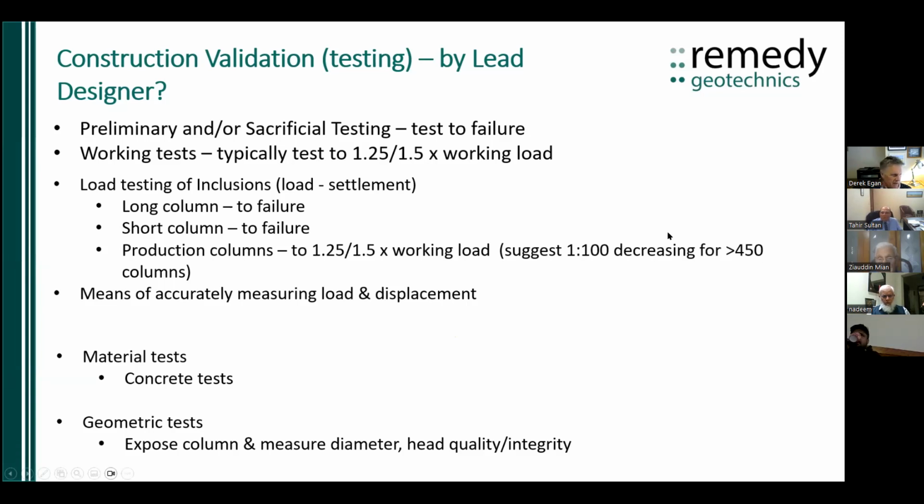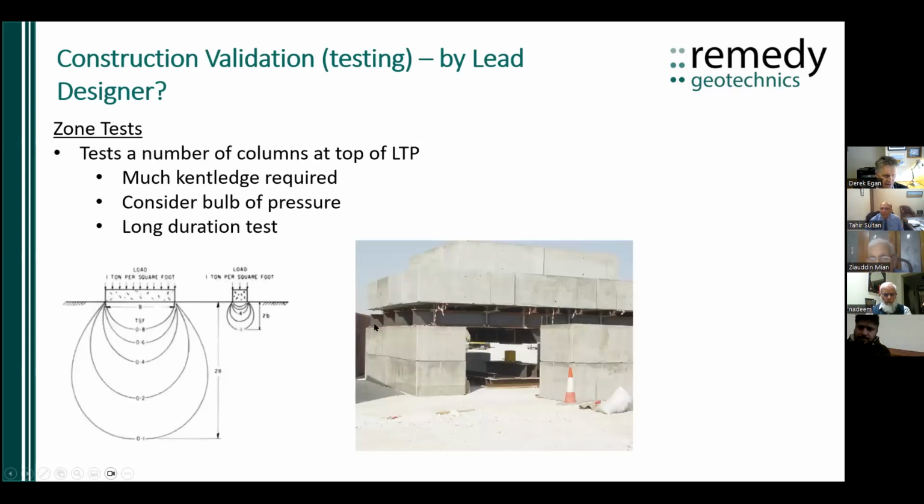Once you get above about 400 or 500 columns, you may do 1 in 200, 1 in 300, something like that. Of course, when you do the test, you've got to accurately measure your load and displacement. You'll also be doing material tests, and you may expose columns, measure diameter, and test the head quality and integrity, and check the load transfer platform thickness.